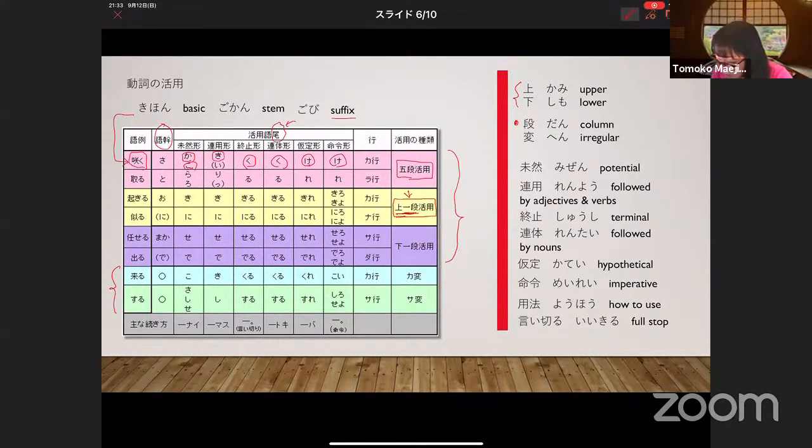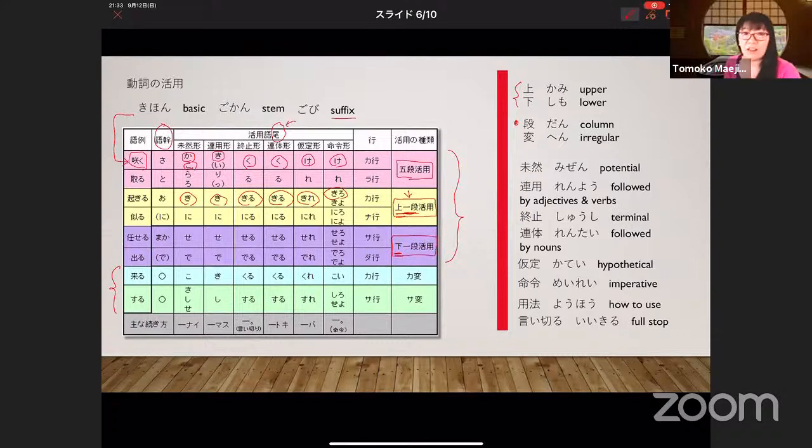So ki, kiru, kire, kiro. It all starts from ki, e sound. So upper one column conjugation. Same as this one.